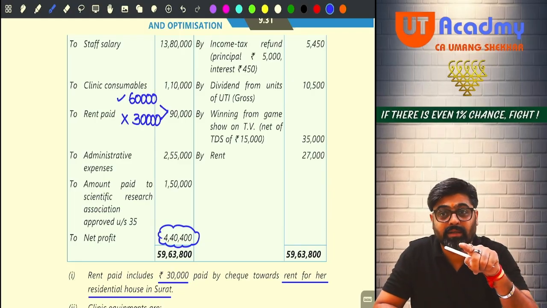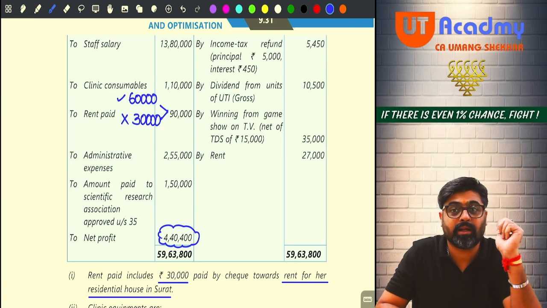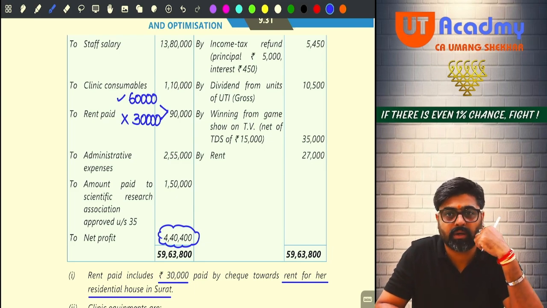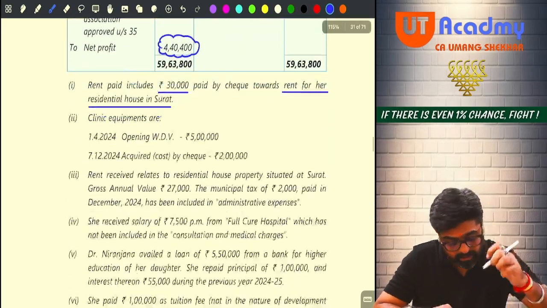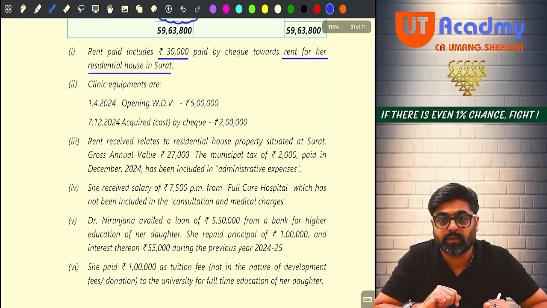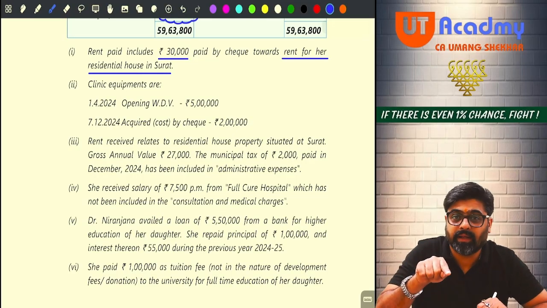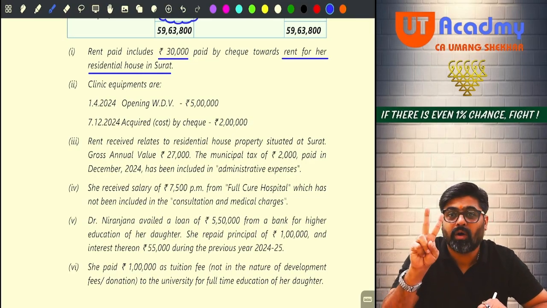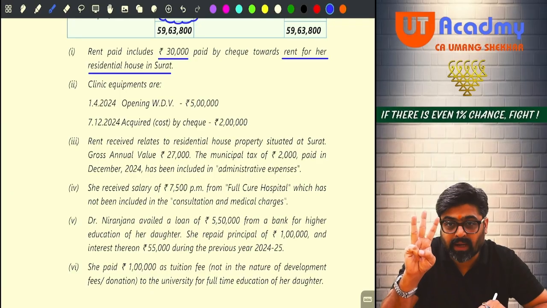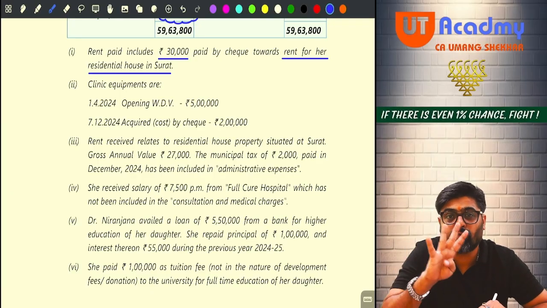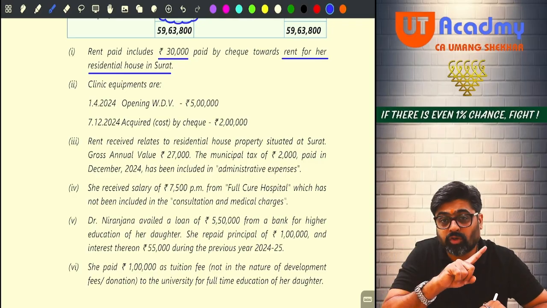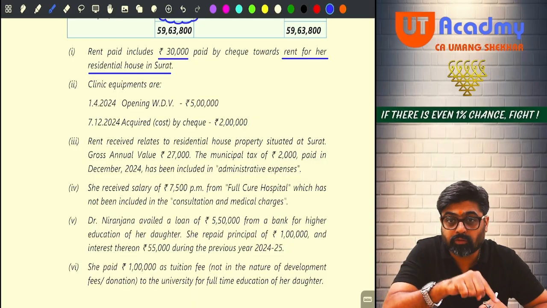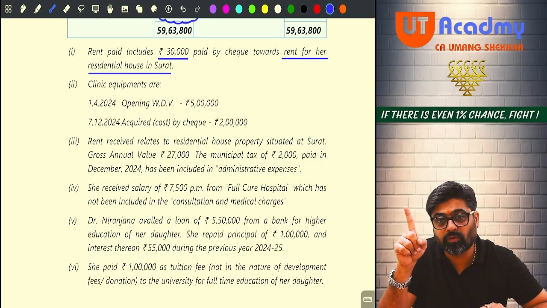But to claim that deduction, the rent paid should be more than 10% of her adjusted total income. Also, she is paying rent in Surat. In that city, neither she, her spouse, her minor child, nor the HUF of which she is a member should own any house property. Only then she is going to get 80GG.